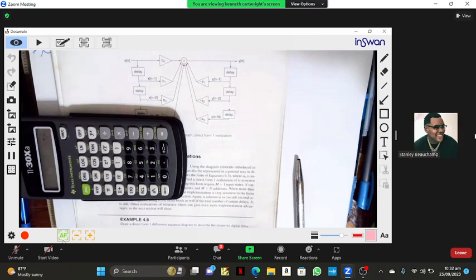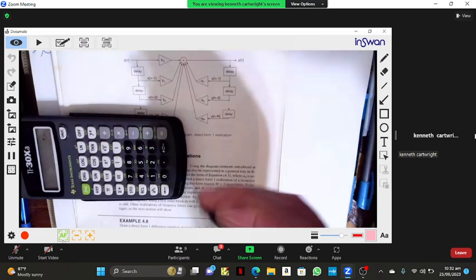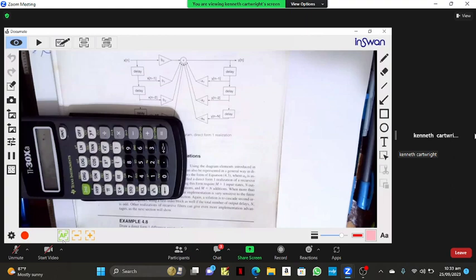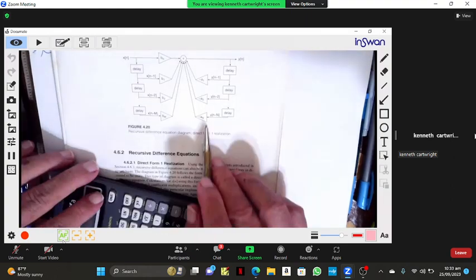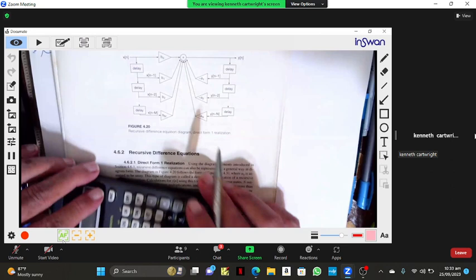That's the third order filter, yes. And you can't see this clearly, but sorry, that's N, and that's M.